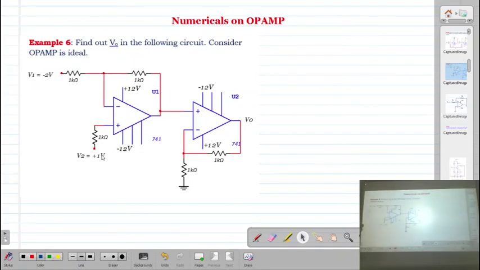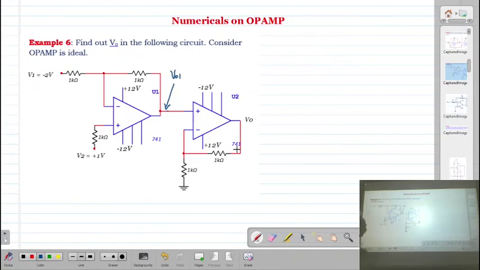So the most important thing is, first of all, we have to find out what is the voltage at VO1 at this point. And then here if you see the second operational amplifier, then it is nothing but a non-inverting amplifier. Okay? So I already mentioned whenever the two potentials are given, you can apply the superposition principle. Correct?